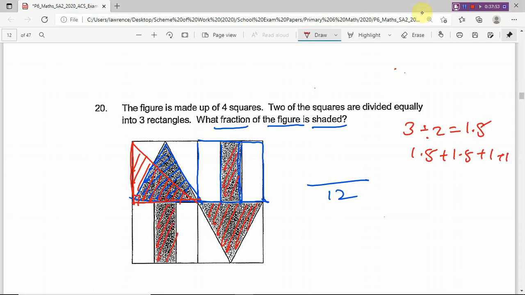So altogether, how many rectangles are shaded? That will give me 5 rectangles shaded. So my fraction must be 5 out of 12. So 5 over 12 of the figure is shaded. So the lesson here is to make them into all similar shapes, and then you can find the fraction. All right. Okay, question 21.